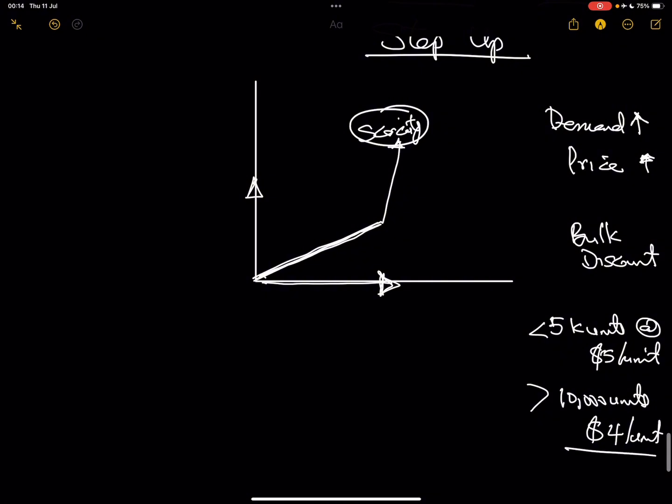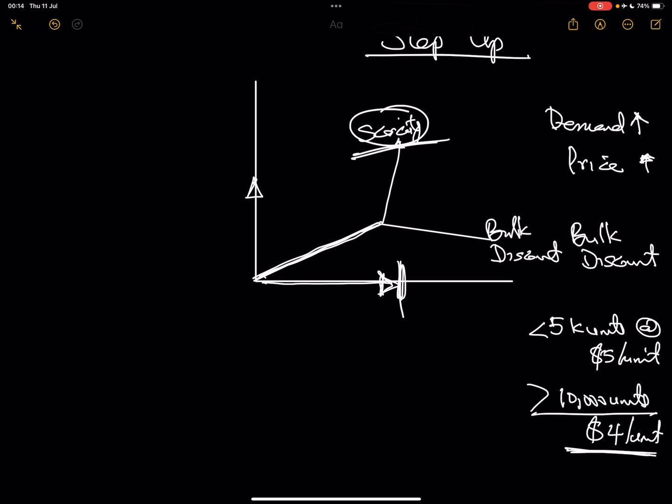Which means at a particular activity, your variable cost per unit can also come down. And in that case, you see this starts to come down. So this is a point where you are having a bulk discount. And this is a place where you can be having a scarcity.